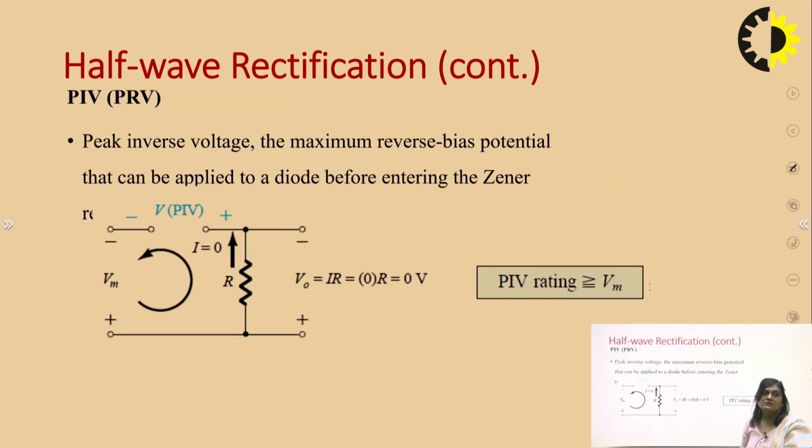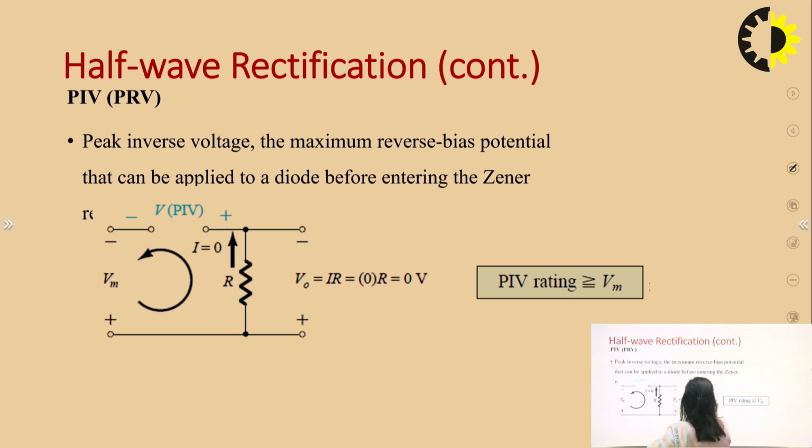After that, PIV means peak inverse voltage. Peak inverse voltage in a rectifier is the maximum voltage that a diode can withstand when it is in reverse bias. So for calculating the PIV value we have to keep the diode in reverse bias.